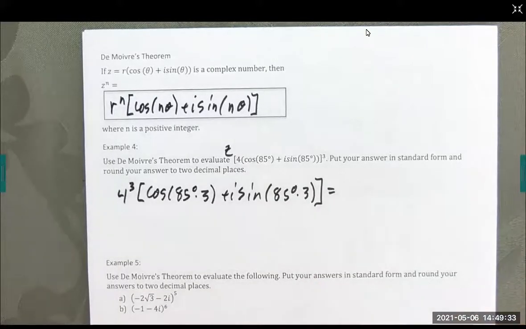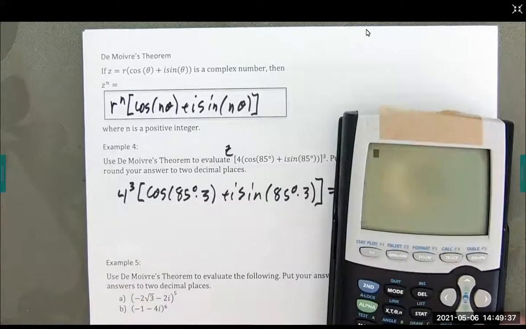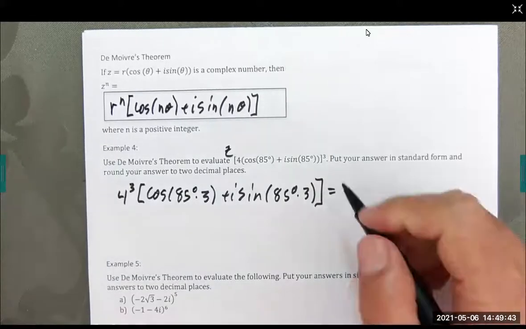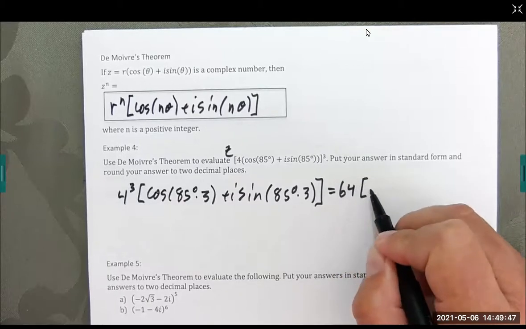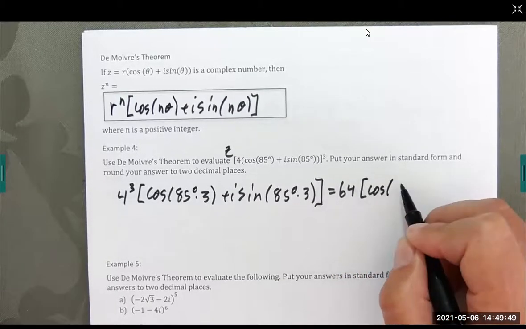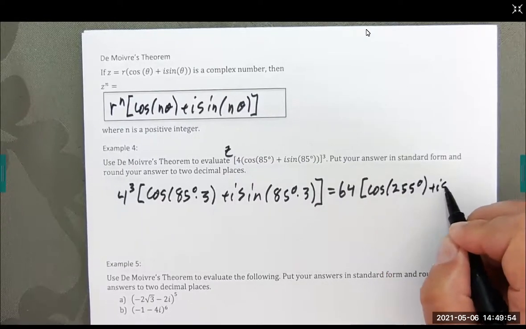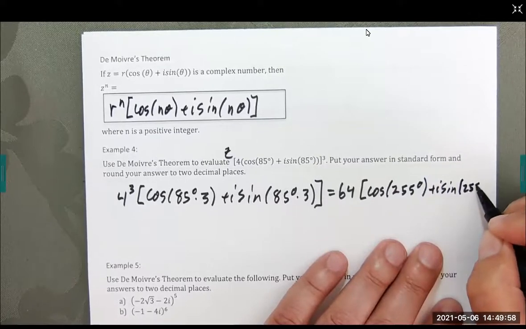And that gives us 85 times 3, 255 degrees. 4 to the third power is 64. Cosine of 255 degrees plus i sine of 255 degrees.